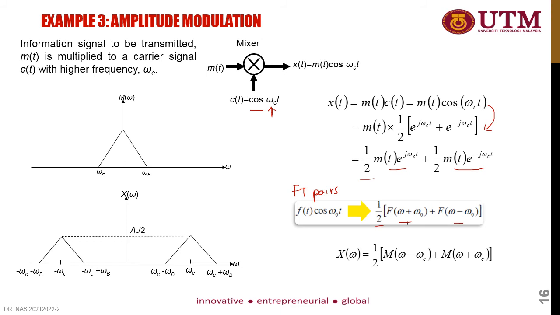In terms of the spectrum representation, this is the input signal m(t) producing M(omega) in the frequency domain. After multiplication with c(t), X(omega), the output signal, is divided into two parts on the negative and positive sides, while the amplitude is cut into half. This is the equation of the output signal in the frequency domain, X(omega).